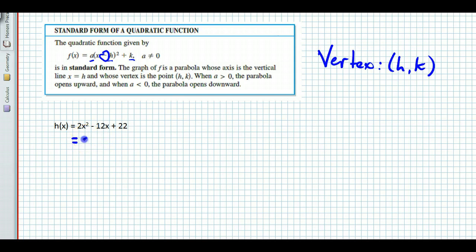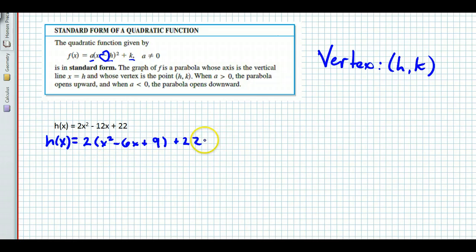So let's convert this to standard form. And we're going to use completing the square to get there. So I'm going to factor out a 2 from the x terms and leave that 2 out here by itself. Okay, so to complete the square, I'm going to take half of negative 6, which is 3, square it, which is 9, and I've really added 2 times 9, which means I've added an 18.